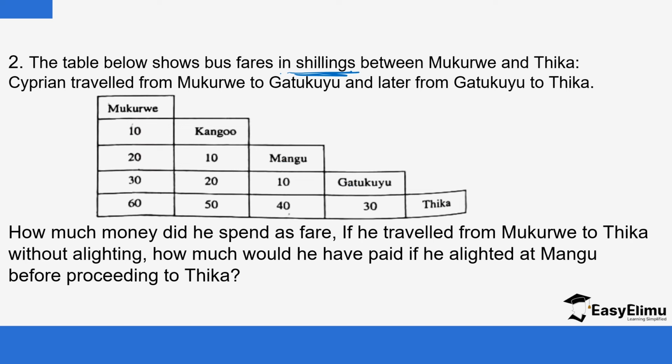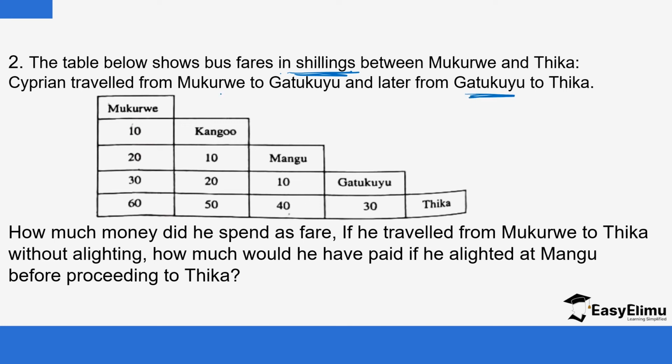Gatukuyu, and Thika. Now between Mukurwe and Thika, Cyprian traveled from Mukurwe to Gatukuyu, and later from Gatukuyu to Thika. So this is what we call via Gatukuyu.